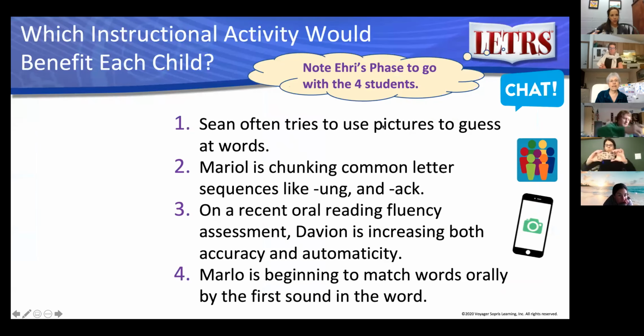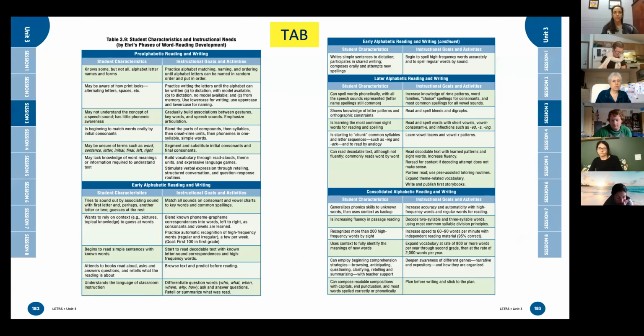I'm going to want you to read the scenario, and then I want you to think about which of the 4 areas, so when you turn to this domain here on 182 and 183, the characteristics of that student, are they falling under a pre-alphabetic, an early, later, or consolidated?